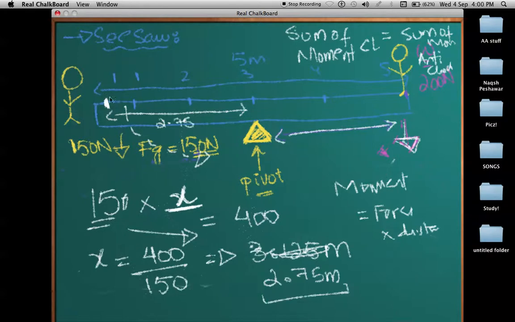When I sit here, I would be exerting a moment of 400 newton meters in the anti-clockwise direction, and this guy would be exerting a moment of 400 newton meters in the clockwise direction. Since the sum of the moments in the clockwise direction would be equal to the sum of the moments in the anti-clockwise direction, it would bring it to equilibrium, and the seesaw would not be turning.